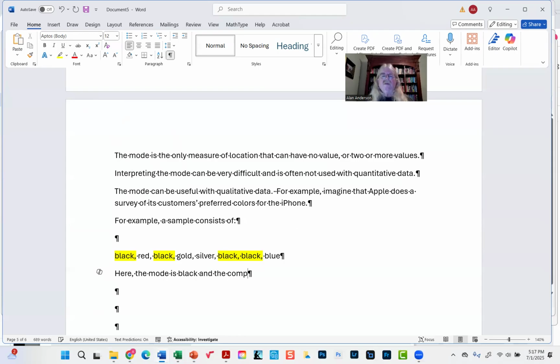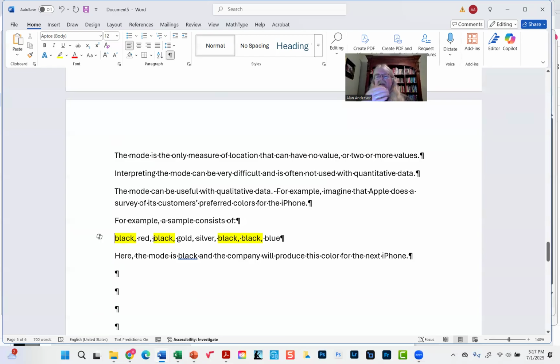And the company will certainly produce this color for the next iPhone. They'd have to be crazy not to. Okay, so you can see the mode could be very helpful with these non-quantitative situations, but it's not going to be quite as helpful otherwise.